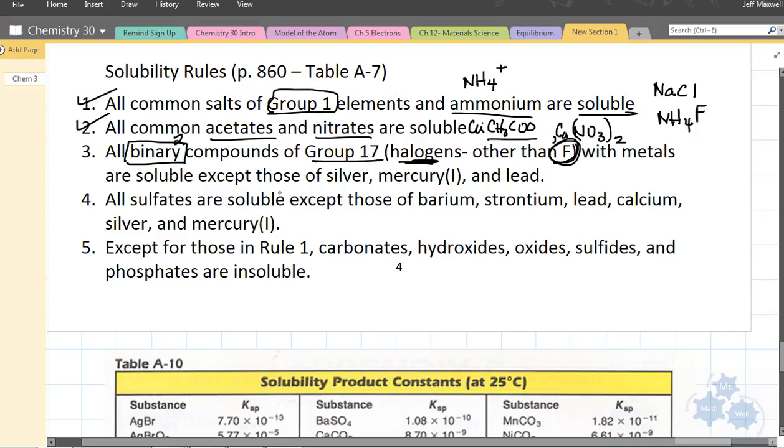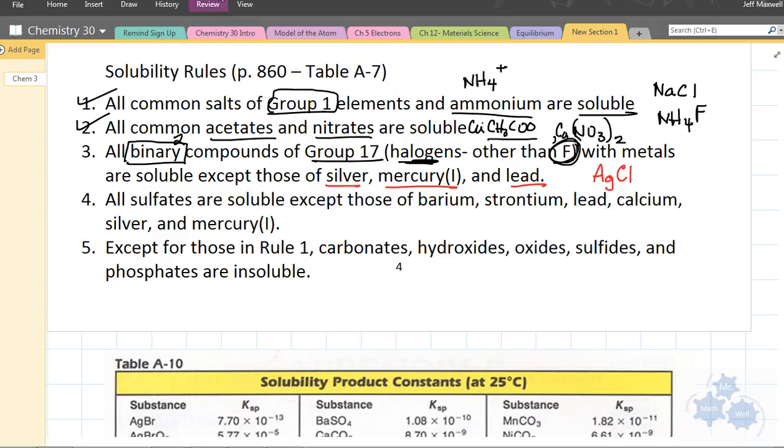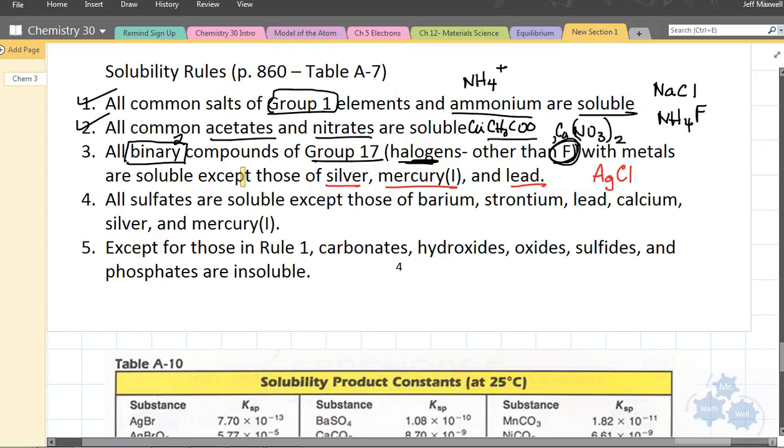Except if we have silver, mercury 1, or lead. So silver chloride, that's a halogen, but silver is one of the exceptions. Okay? So they're soluble except if they match up with one of these 3.